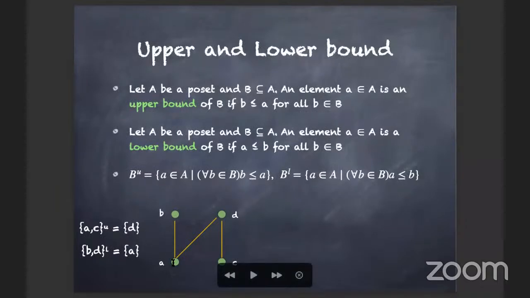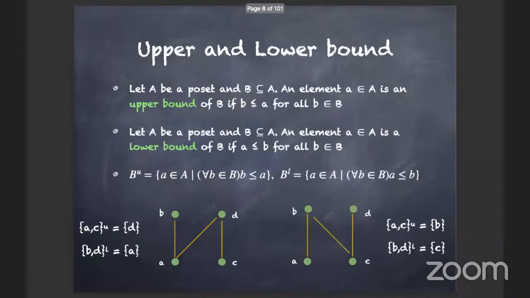Of course, here the upper bound of A and C is D, and the lower bound of B and D is A. So that's how we have defined it here. Now, if we consider this poset, where we have just changed the diagonal arrow, then the upper bound of A and C becomes B, and the lower bound of B and D becomes C. I hope it is clear to everybody.